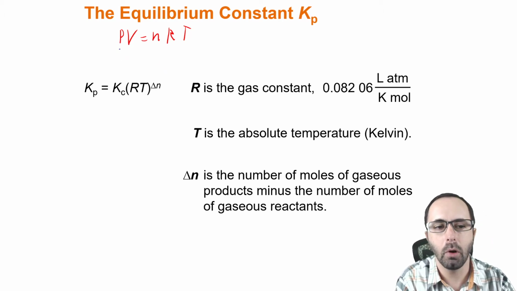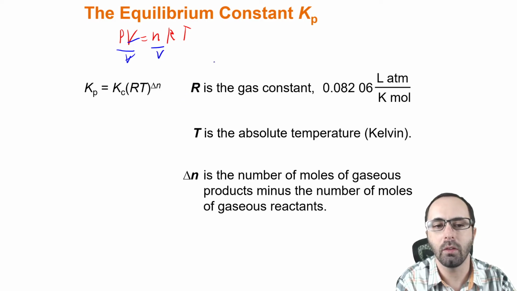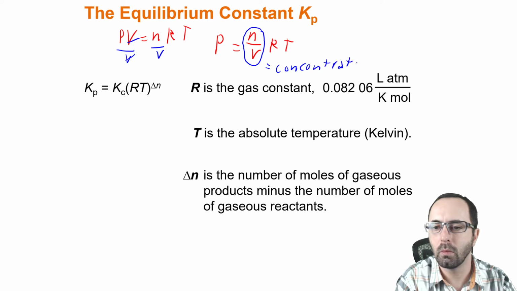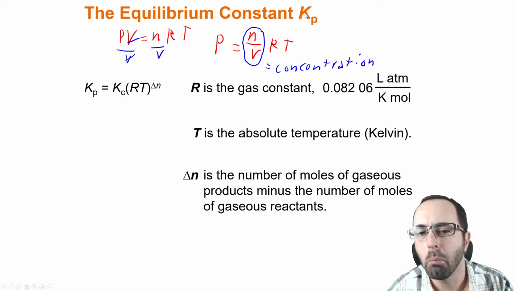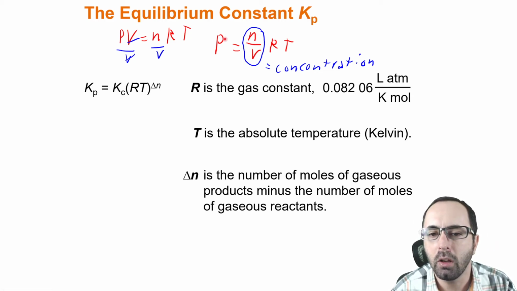If we divide both sides by V, we get, on the left, the pressure is n over V times RT. Well, n over V is the concentration, because it's moles per liter. And so the pressure is really the concentration times RT.